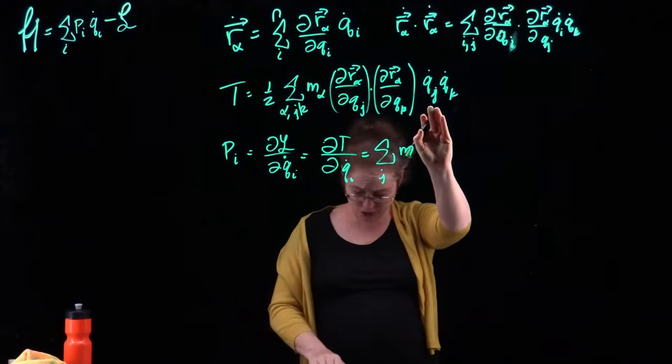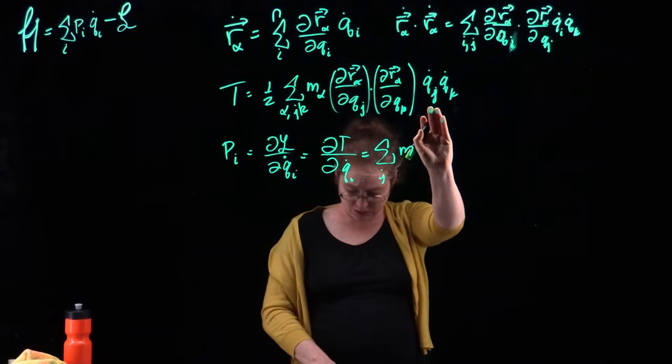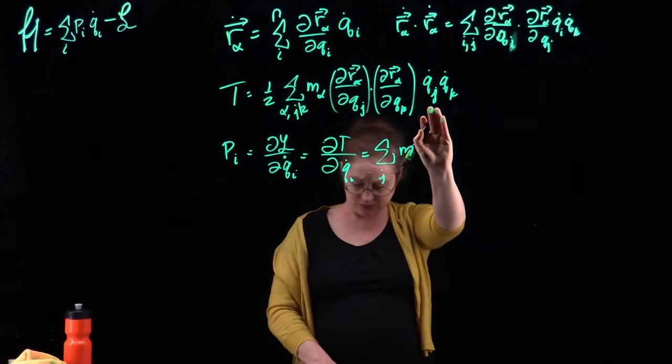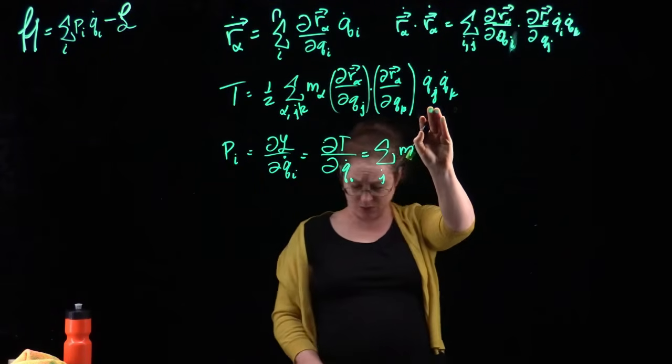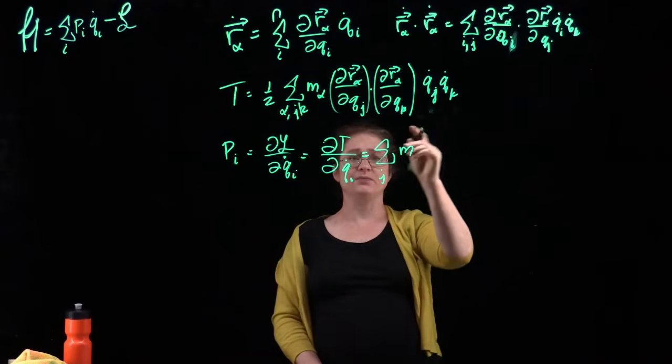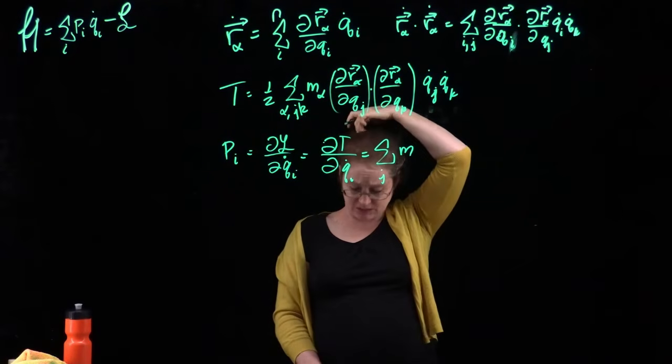So I am going to choose the case where k is equal to i. So one of these sums collapses.